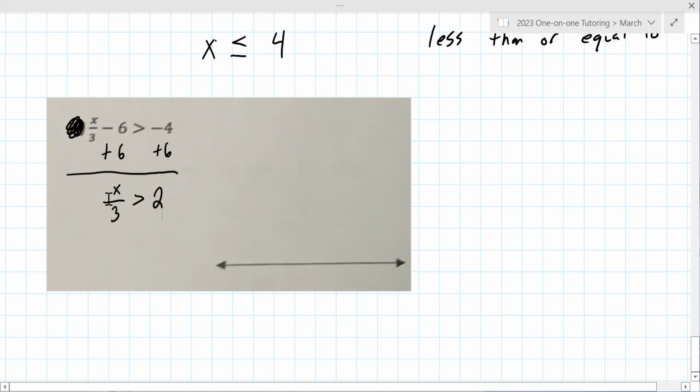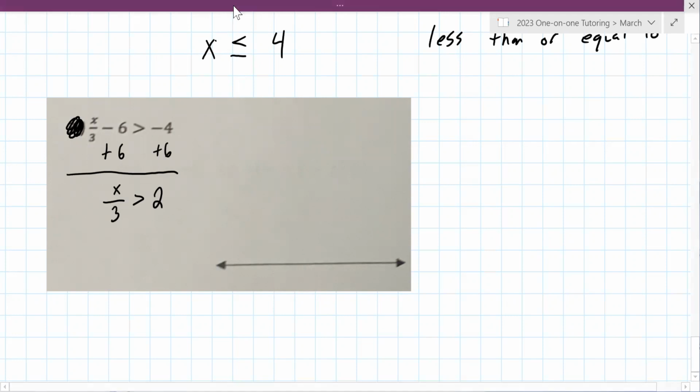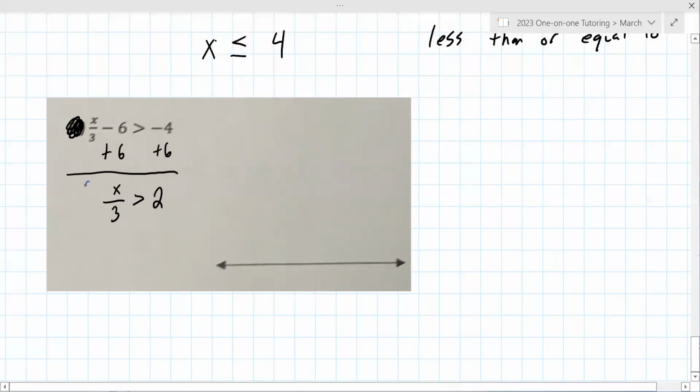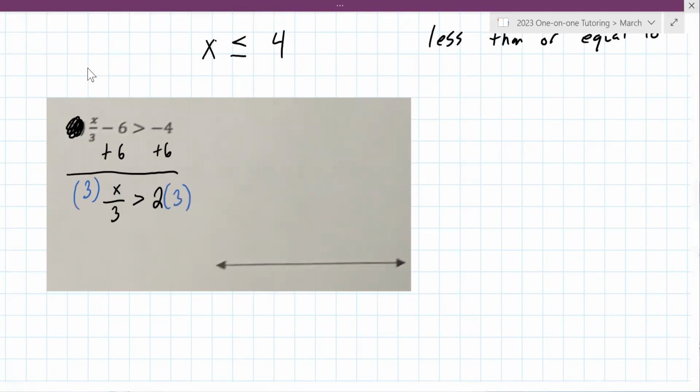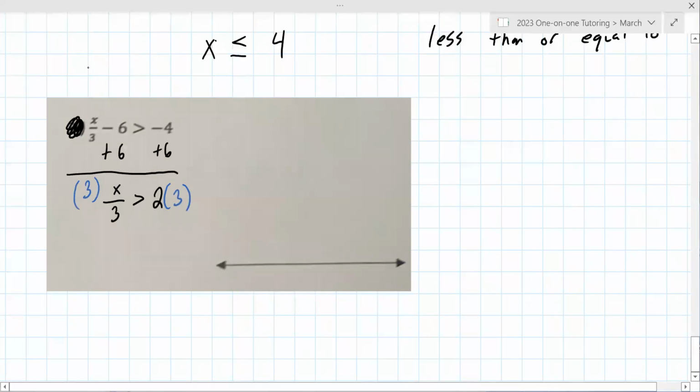Now I just said it, but what is this 3 doing to x? Dividing the x. How do you undo division? Multiplication. You multiply both sides by 3. So you have x greater than 6.